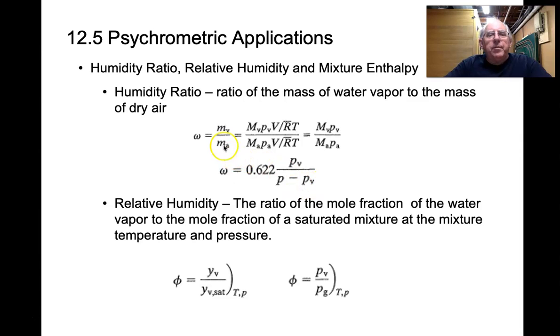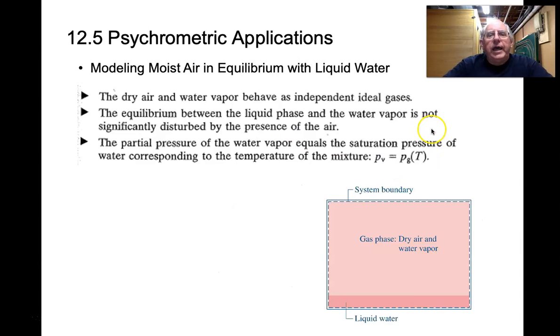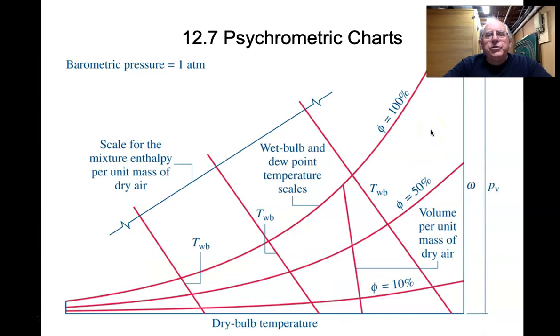By those parameters, I'm referring to the humidity ratio and the relative humidity, as being representative of this two-component mixture of ideal gases. We're now ready to look at what is referred to as the psychrometric chart.